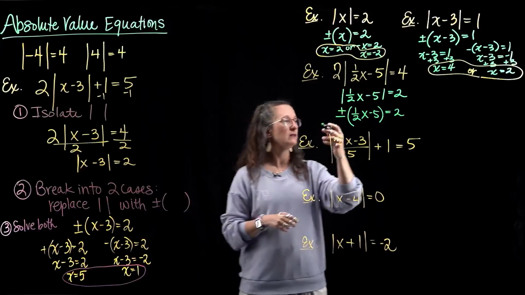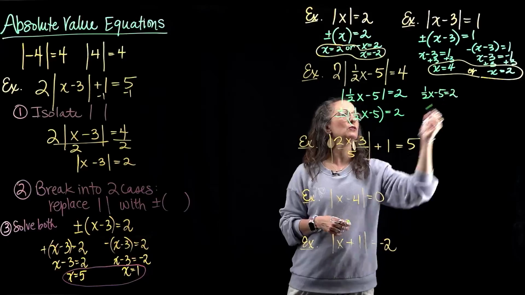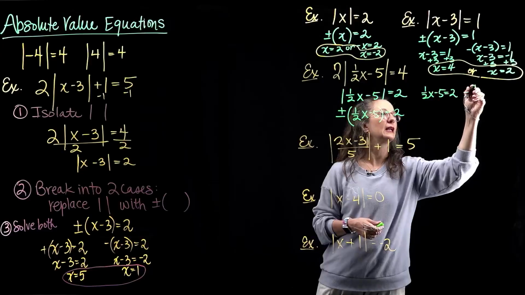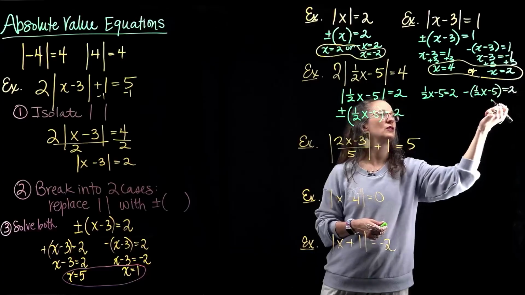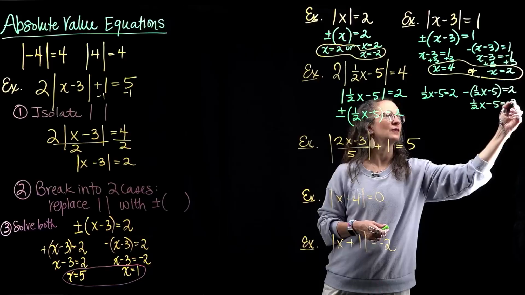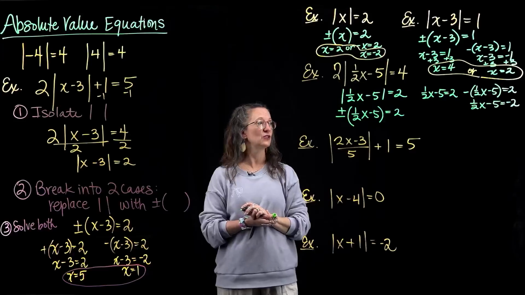The positive one, 1/2 x minus 5 equals 2. And then the negative one would be negative of 1/2 x minus 5 equals 2, which could also be written as 1/2 x minus 5 equals negative 2.